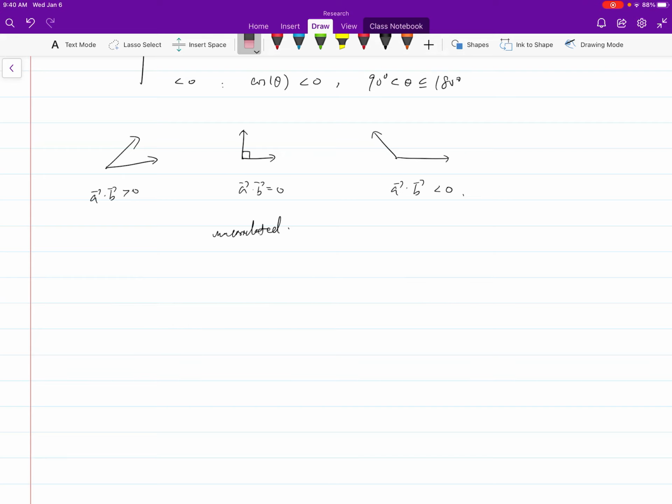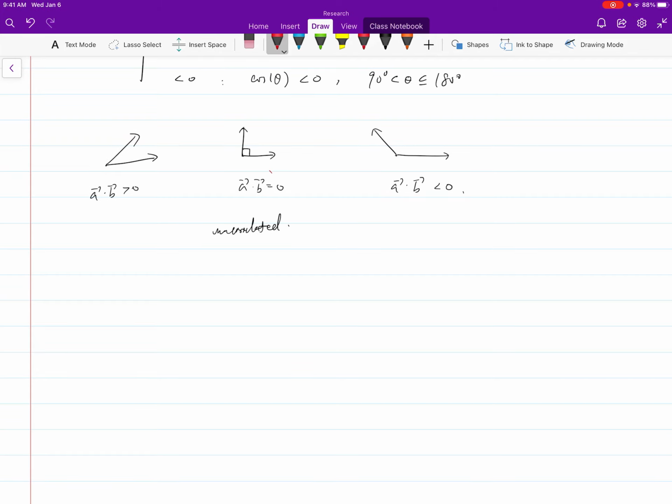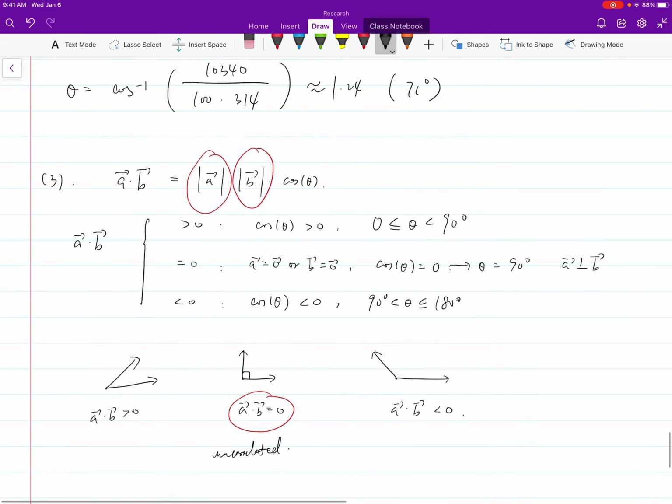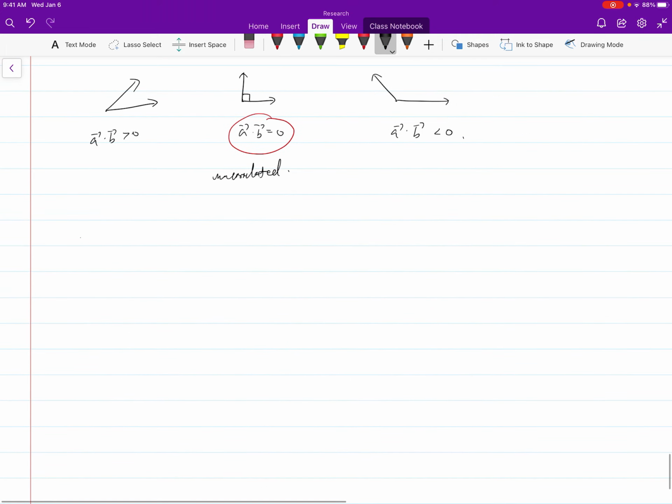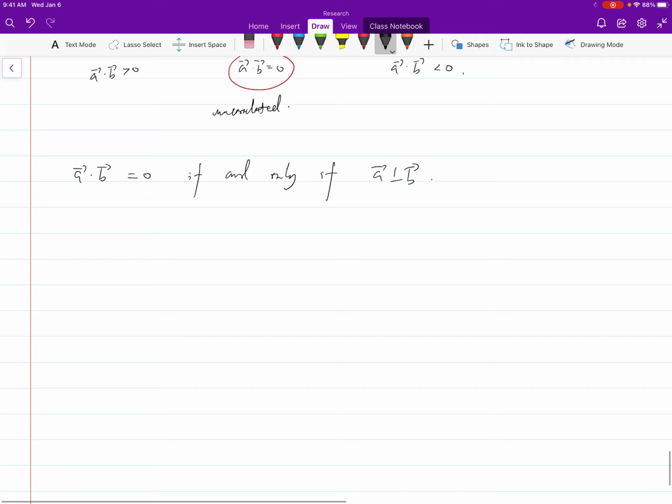Okay, so just looking at the sign of A dot B, you can roughly get the idea of the directions between two vectors. And of course, we are very interested in this because it's very useful. A dot B equals 0 if and only if A is perpendicular to B. Now be careful here.